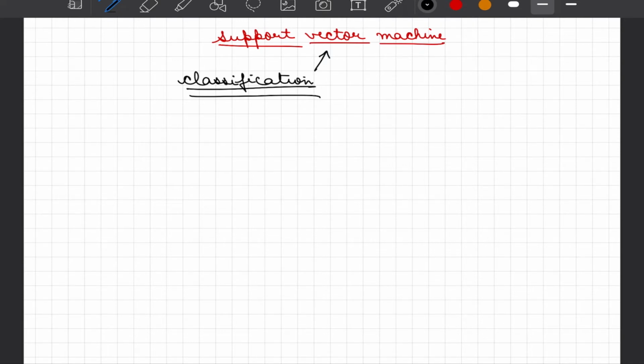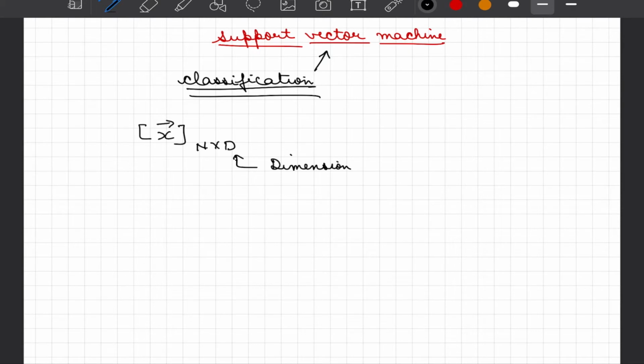We have learned that we will typically deal with data sets which are arranged in some matrix form, and the dimensions of this matrix would be given by n cross d, where d is the dimensions or features associated with that particular data.